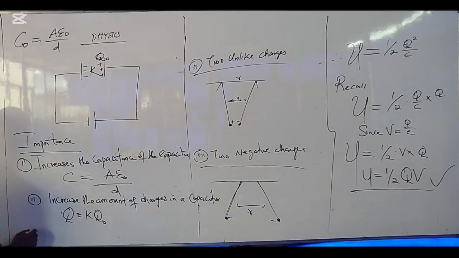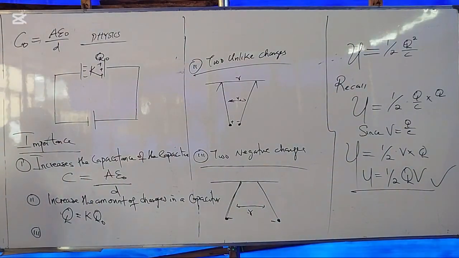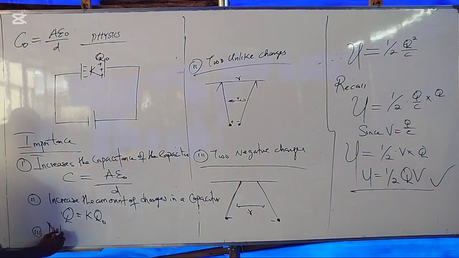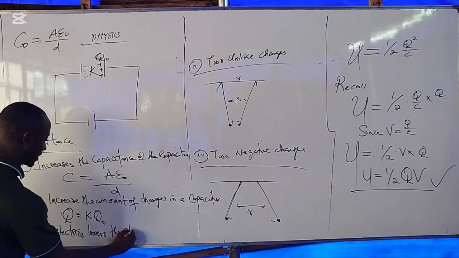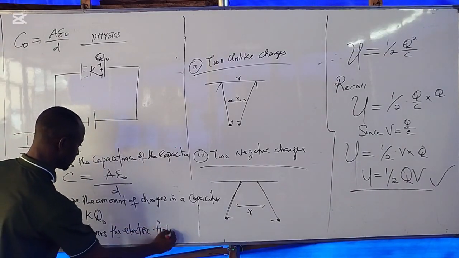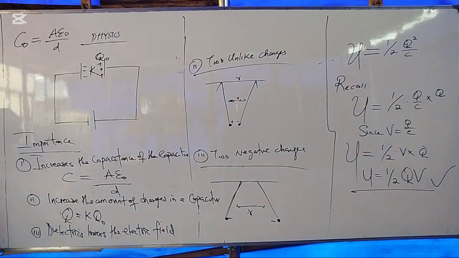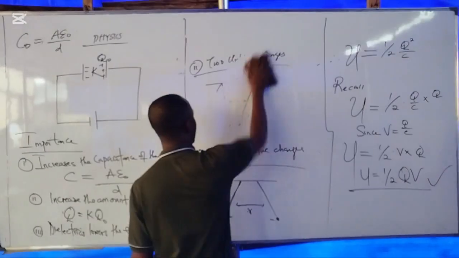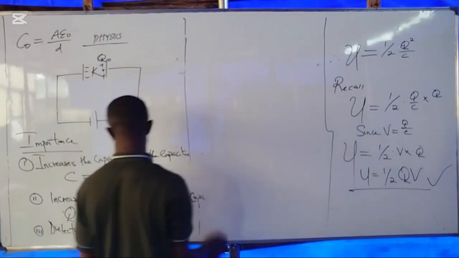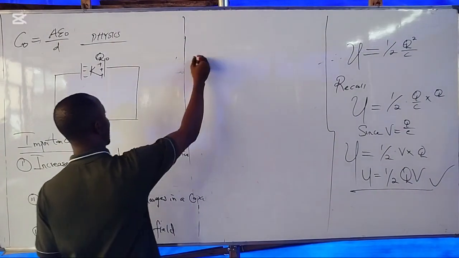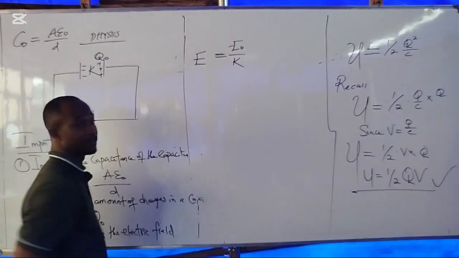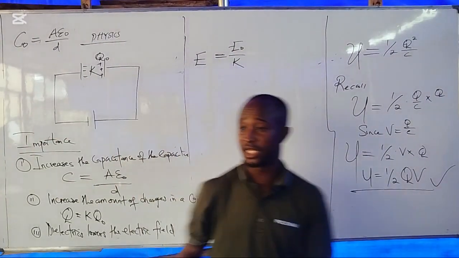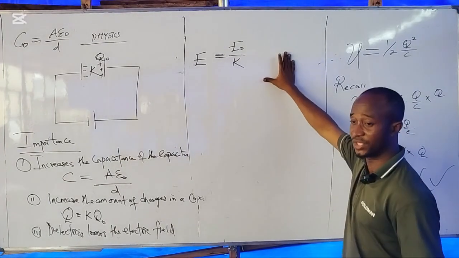Number 3, looking at the importance, is that dielectrics lower the electric field. It lowers the electric field by a factor of K, meaning that our electric field is equal to E naught over K. If you look at this relationship, all of these have derivations, but I won't go into it now.